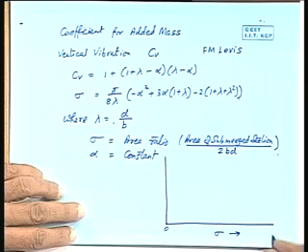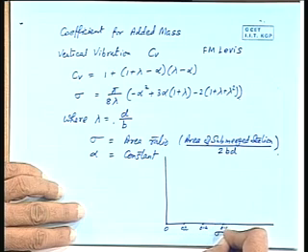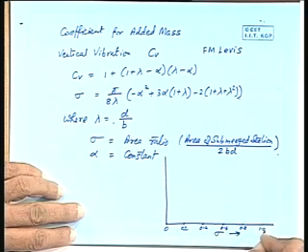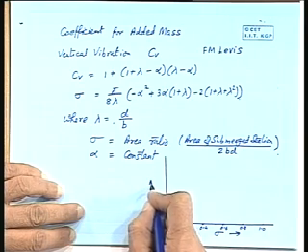This is 0, 1, 2, 3, 4, 5, 6, 7, 8, 9. I think I can write it here: 0.2, 0.4, 0.6, 1.0, and CV is plotted on this side.